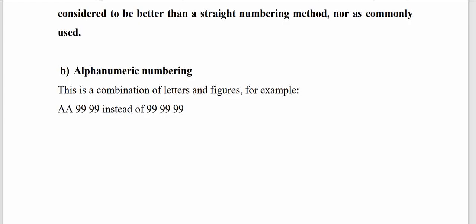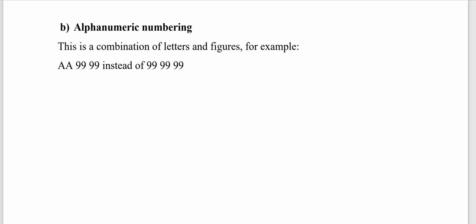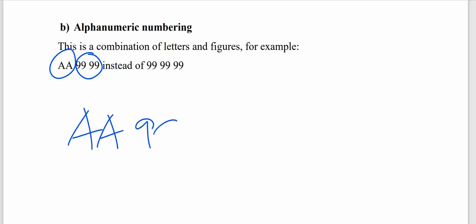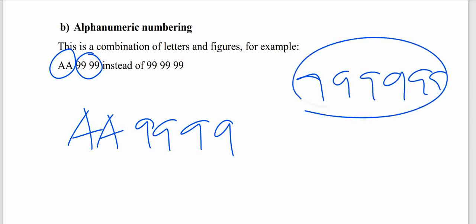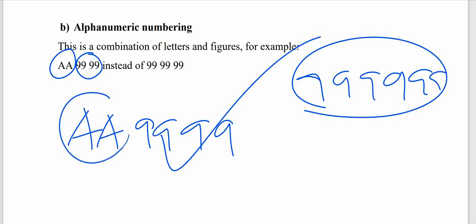So for example, you can have a look at this. We have alpha, alpha, and numeric. So what happens is you'll be able to assign A 9999 instead of assigning numbers only. Instead of assigning numbers only, you must make sure that it consists of the alphabet and numbers.